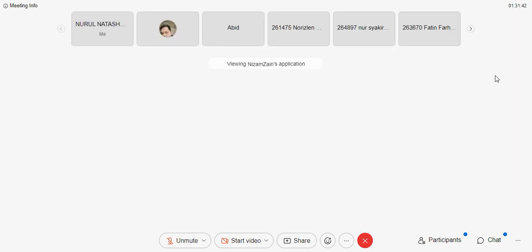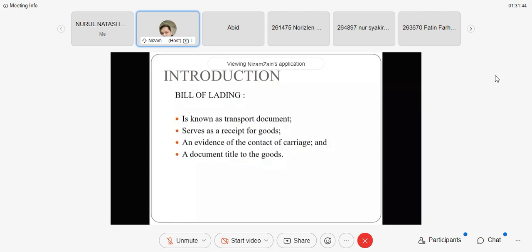It is known as a transport document, serving as the receipt for goods and evidence of the contract of carriage, and a document of title to the goods. As I said, mostly these are the contents of the bill of lading. Nowadays they use the electronic bill of lading.